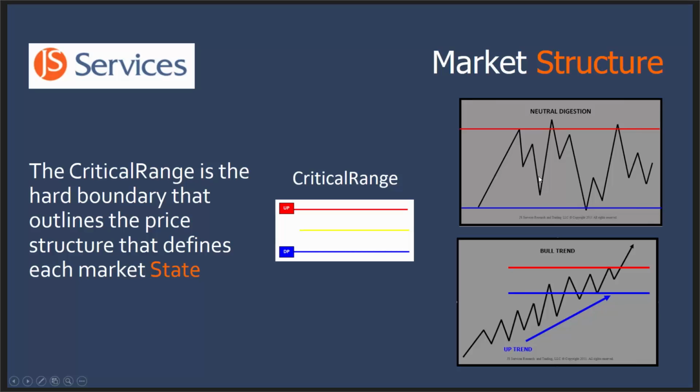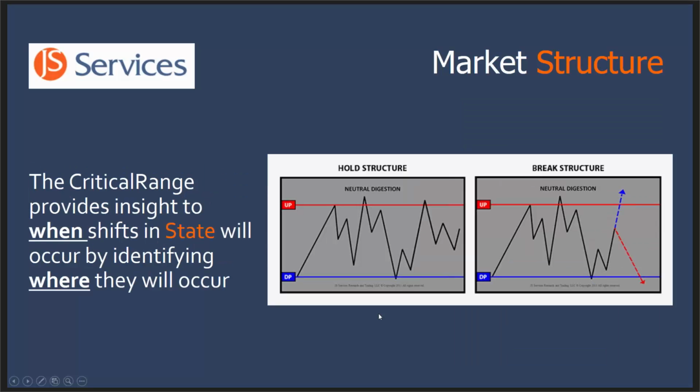We've got a price band. When we're in a digestive range, that's your digestive range. And if you're in a trending mode, we're going to use those points to identify: is that trend still true, or is that trend breaking structure? So the critical range provides insight to when shifts in state will occur by identifying where they will occur.